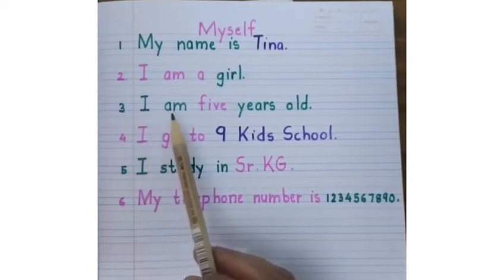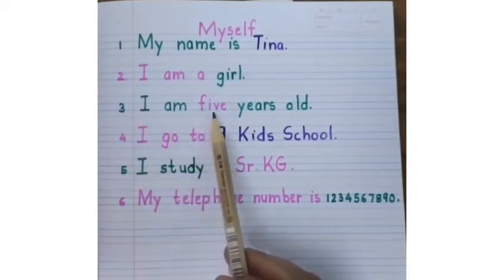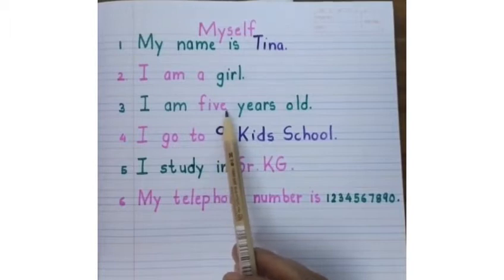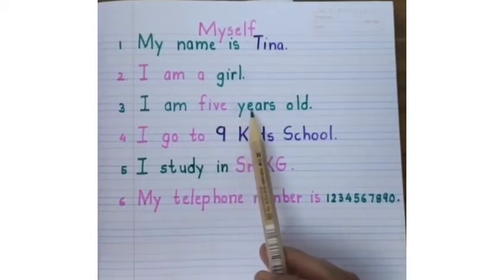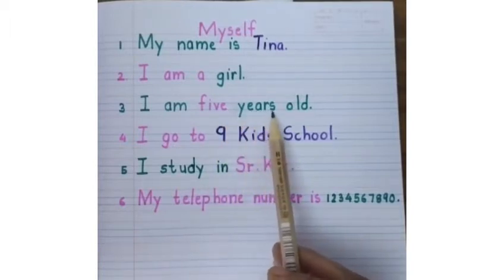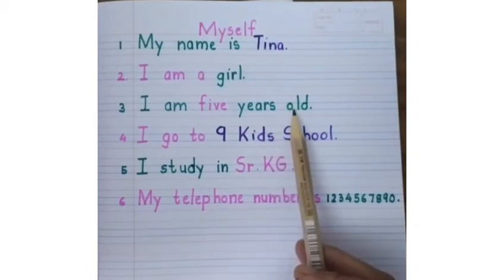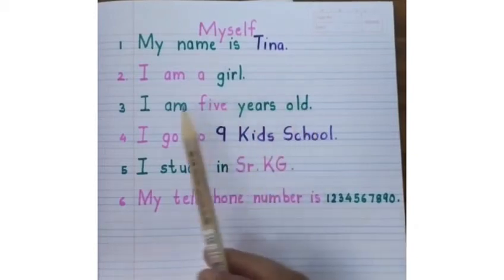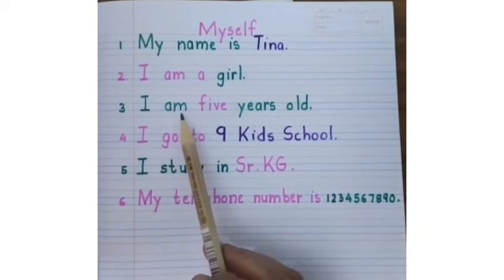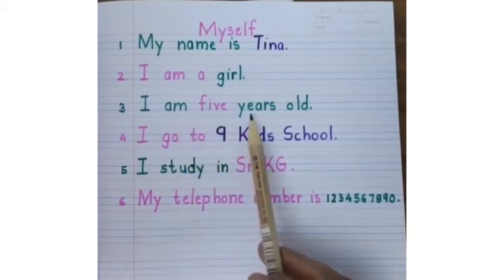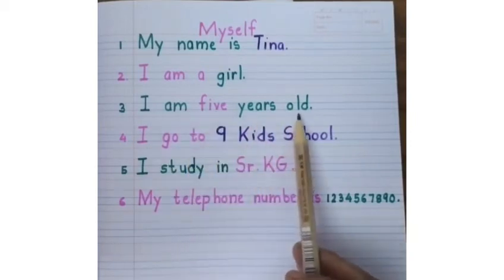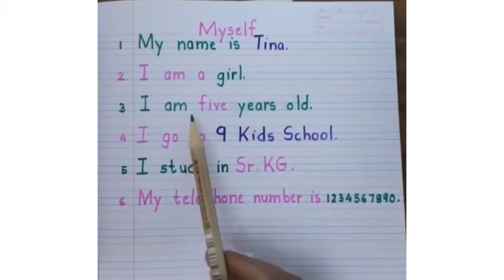I am F-I-V-E 5 Y-E-A-R-S years O-L-D old. I am 5 years old. Children, if you are 6 years old, you have to write I am 6 years old.